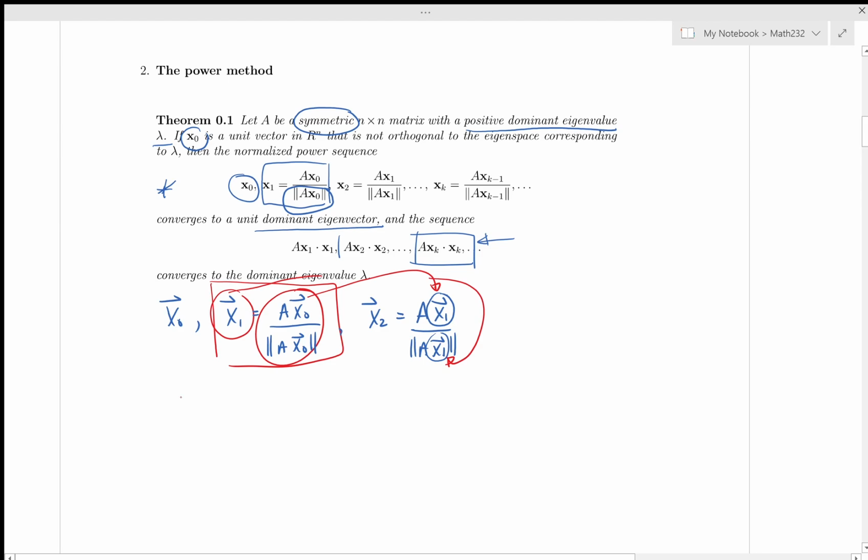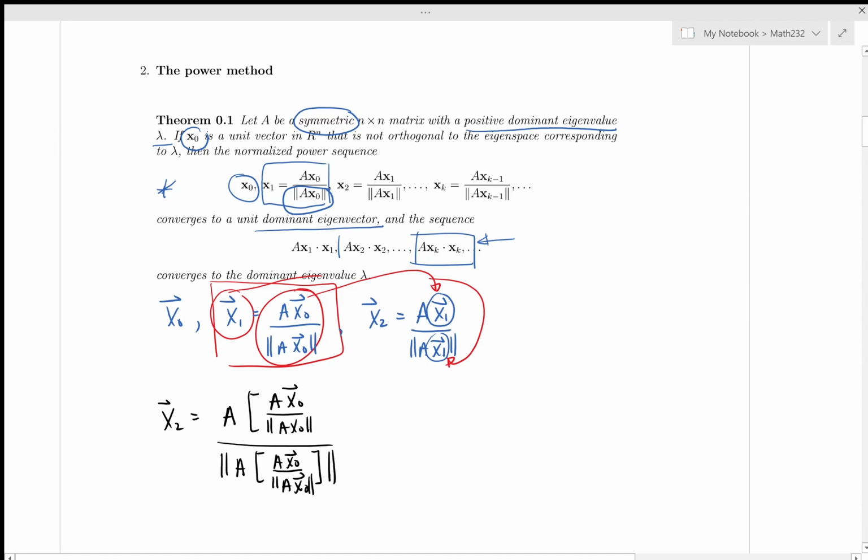That will give me that x2 is A times x1. And what is x1? A x naught over the norm of A x naught. And then I have the norm of A times x1, which is A x naught over the norm of A x naught. It looks a bit complicated, but it's not so bad.